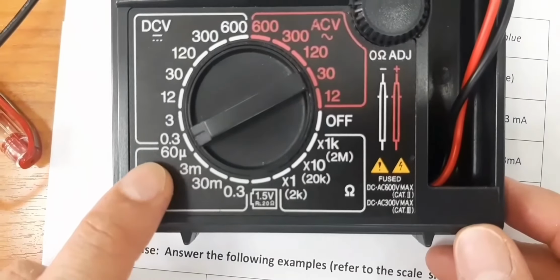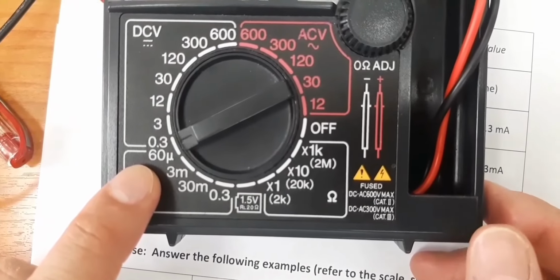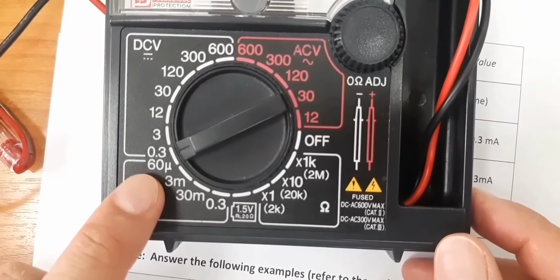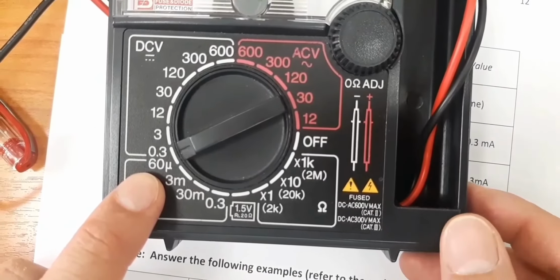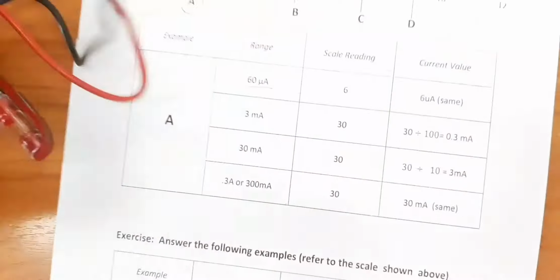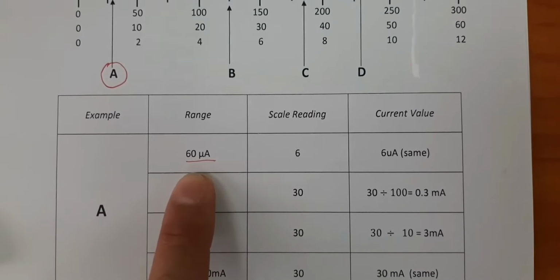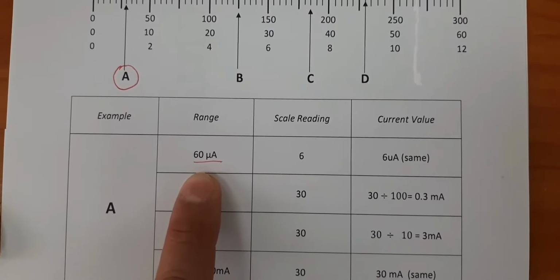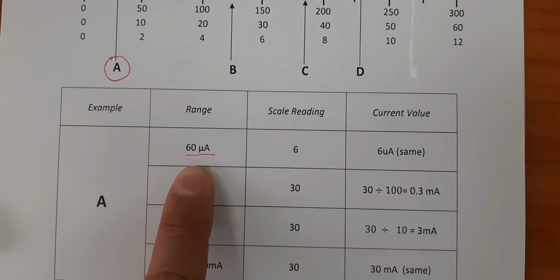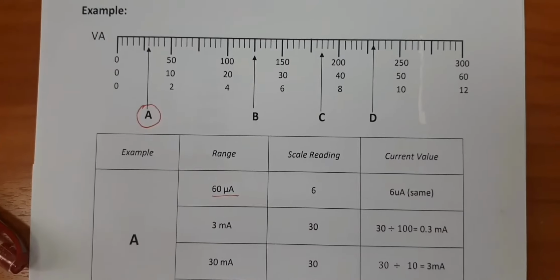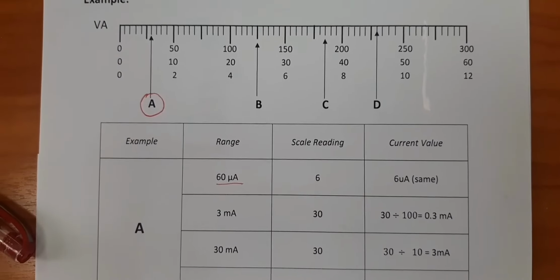So our first activity is we will be using 60 microampere. For 60 micro, one line is equivalent to 1, and the scale reading is the same as the final reading.